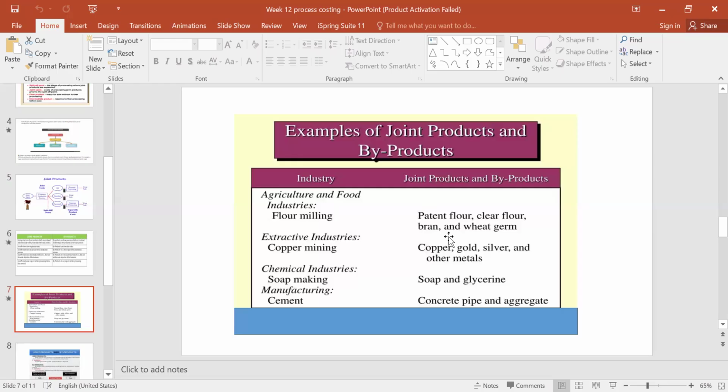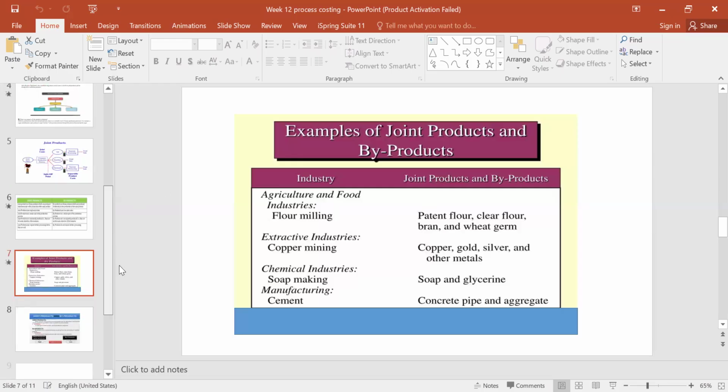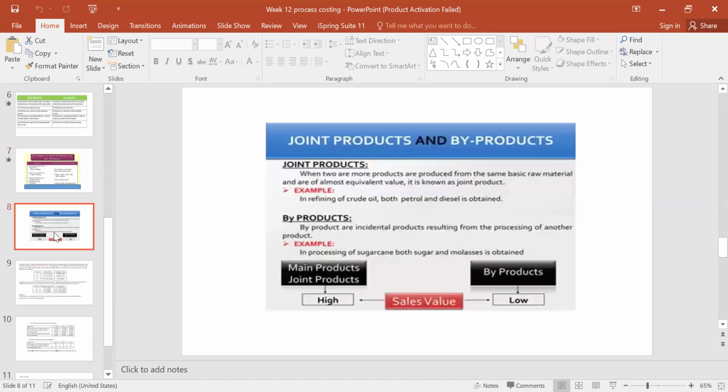I try to give an example here. This is joint product and byproduct, as I already discussed in the previous slide.